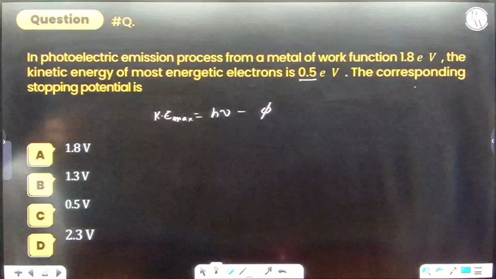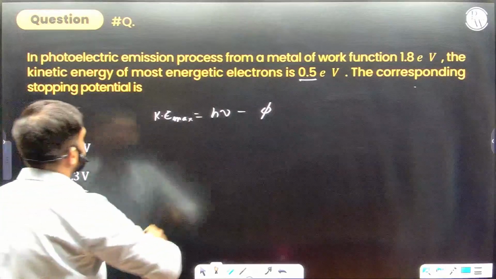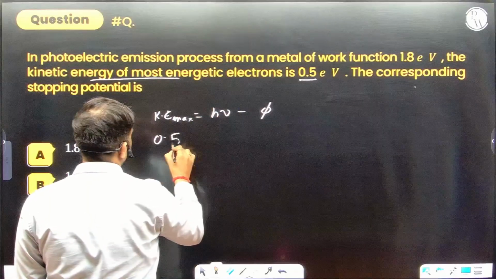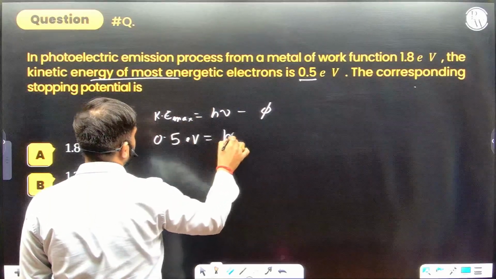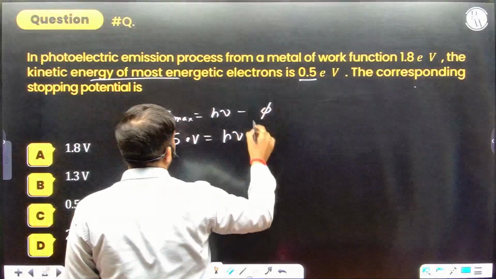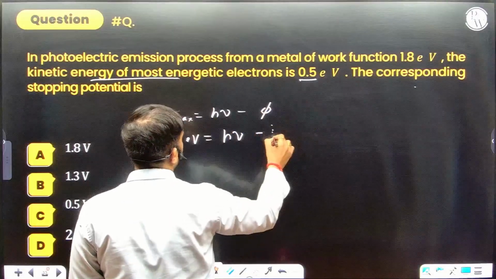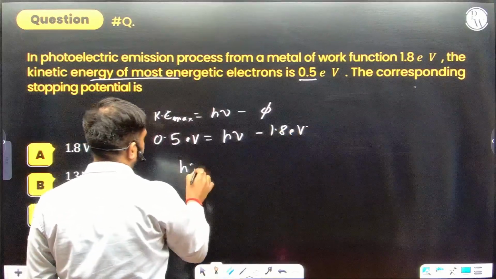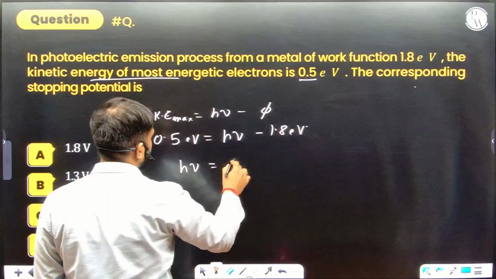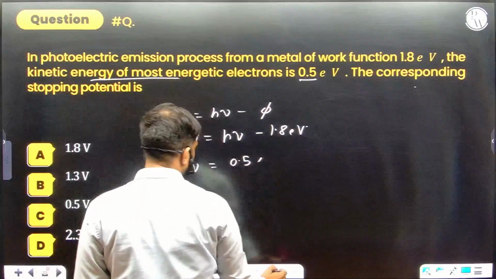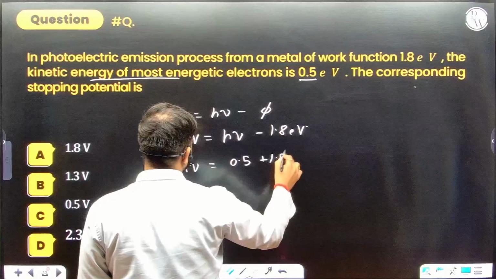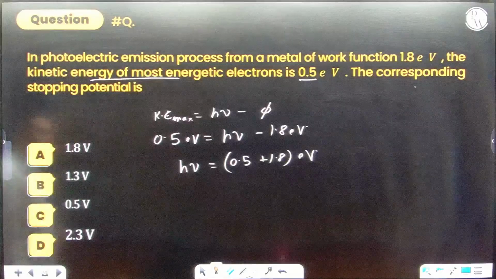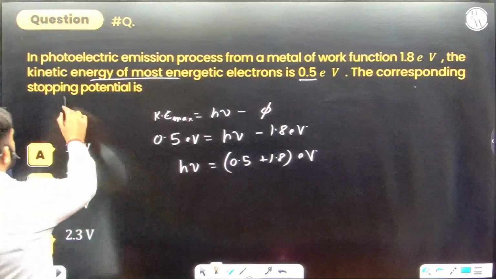They have said the work function is 1.8 eV, the K max is 0.5 electron volts, this is h nu here. So the incident energy will be 0.5 plus 1.8 eV. So we can get the incident energy, and they were asking the stopping potential.